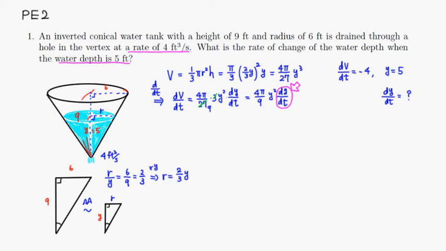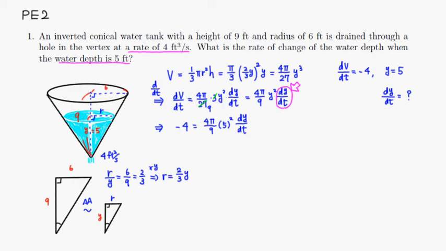So put everything in: dV over dt is -4, the constant is 4 pi over 9, y is 5 so we put in 5 squared, and we're looking for dy over dt. Now we just have to solve for this.